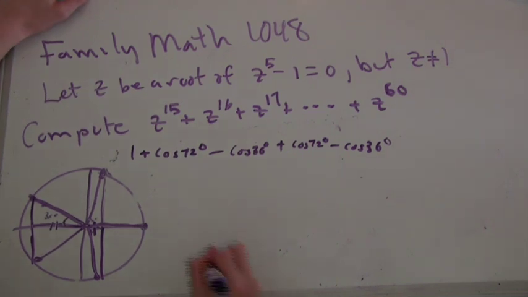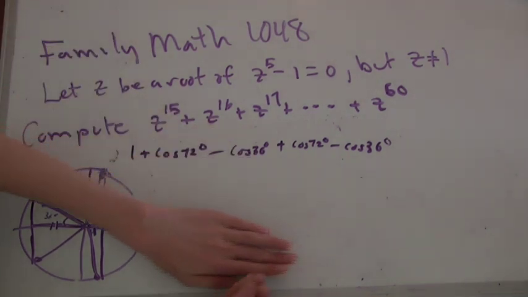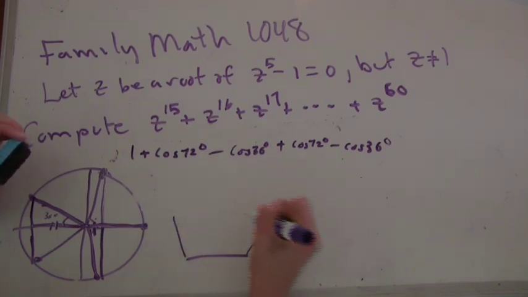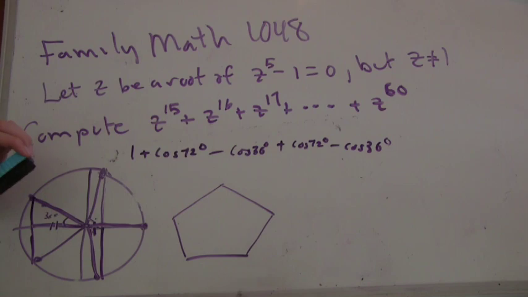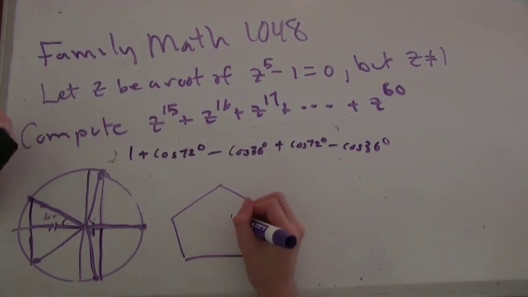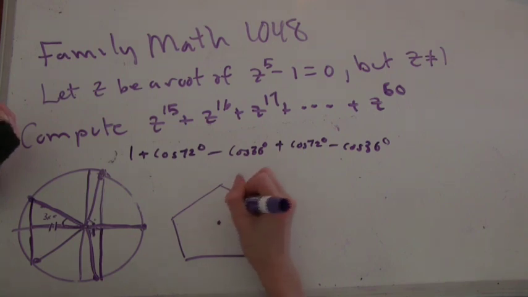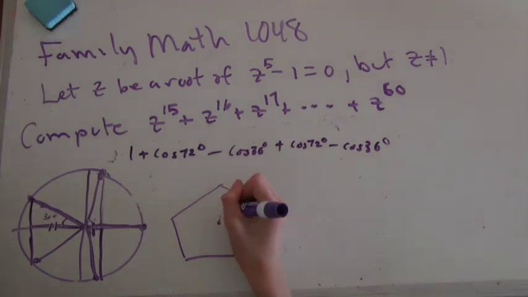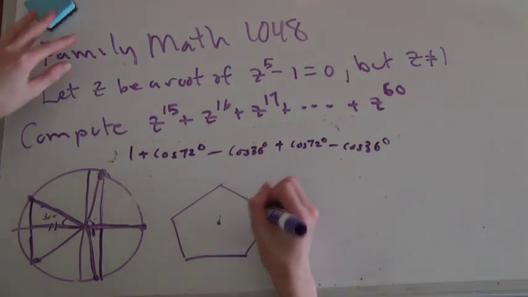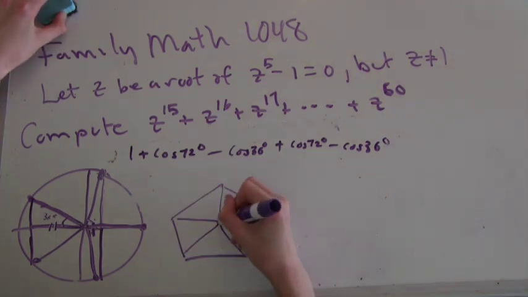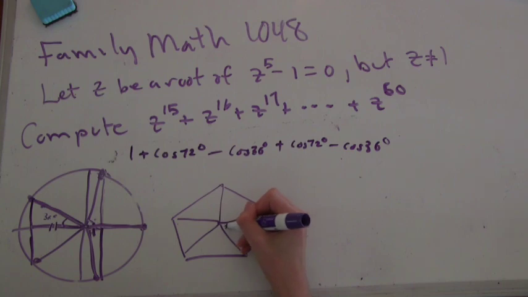So, if we look at a pentagon, since the interior angles of a pentagon are... divide them up like this. 72.